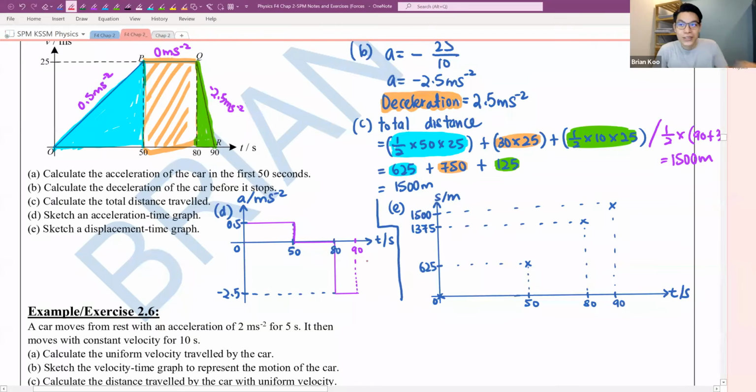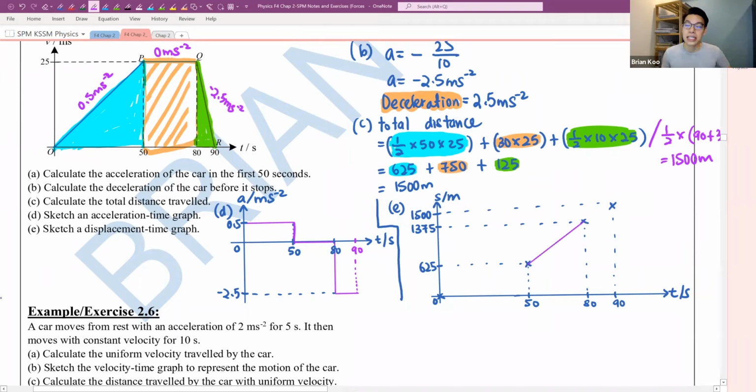Okay, so you have 0 to 50 seconds, and we'll think how to connect them. The easiest one is actually the orange color part, from 50 seconds to 80 seconds. The distance is increasing consistently. So for that part, it will look something like this.